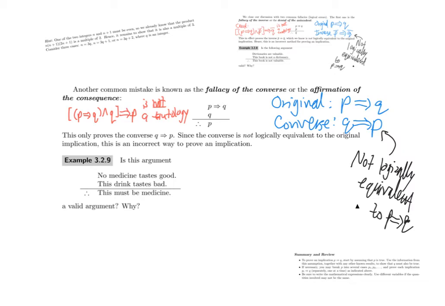One last example for you to think about is the argument: no medicine tastes good, this drink tastes bad, therefore this must be medicine. Is that a valid argument, and why? To help you out a little bit, I'm going to write this in if-then language in a way similar to how we did in a previous example. So no medicine tastes good.